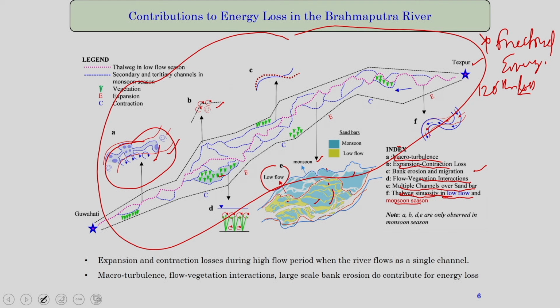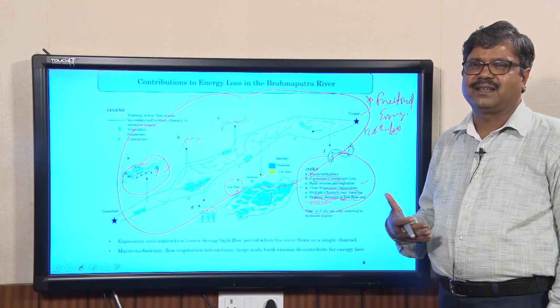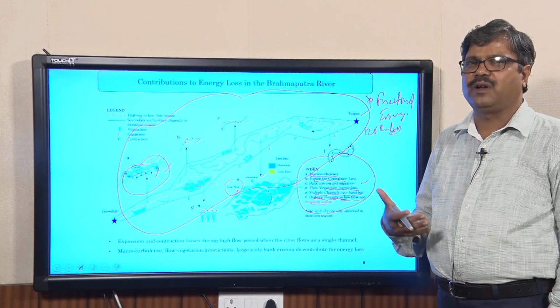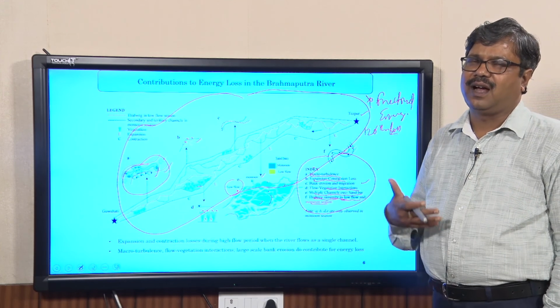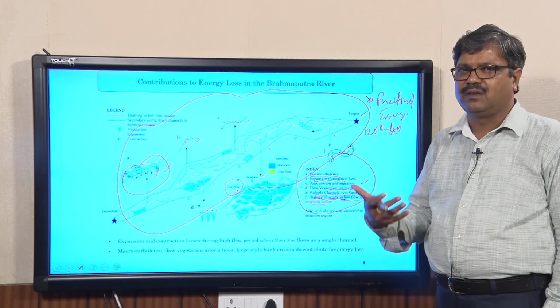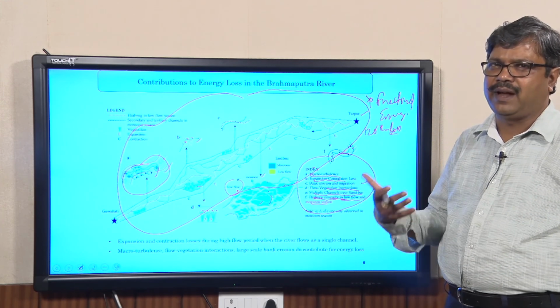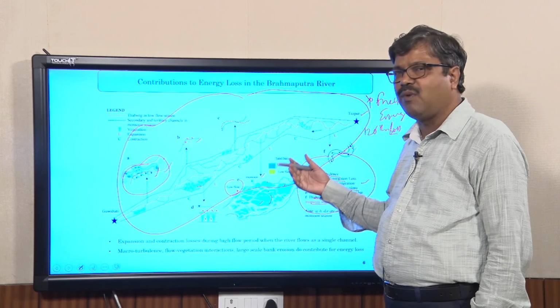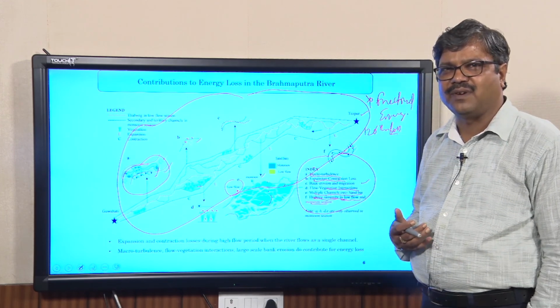That way we try to understand the river from a different perspective, like how the energy dissipations are happening, because that controls how sediment transportation happens, how the flow variability changes, how it makes the banks more vulnerable to erosion, and how the mega bed forms like sandbars are formed.